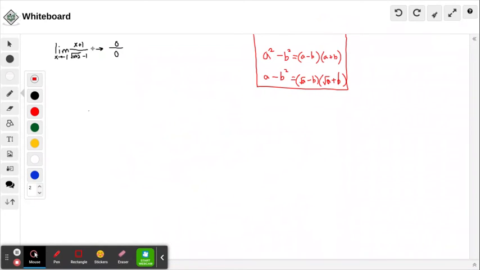So let's see how we can apply this to our current situation of having 0 on the bottom of this fraction. Well, I think it's pretty clear that the square root of x plus 2 is going to be our square root of a, and 1 is going to be our b. So we have, I'm going to use yellow for this now, this part of the expression already.